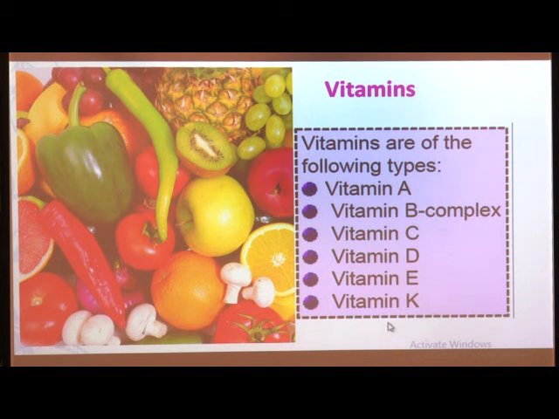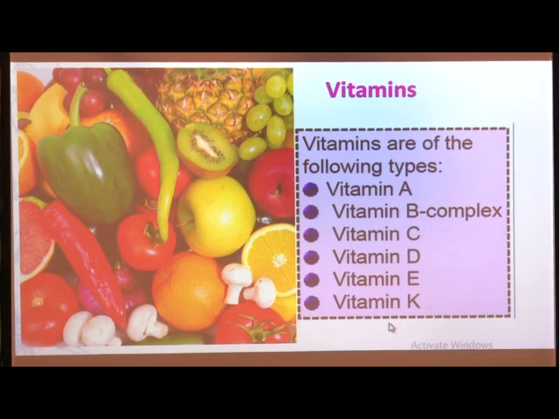Vitamins are substances that occur in our food, which we get from plants and animals. Vitamins are necessary for health and protection of the body from diseases. Vitamins are required in small amounts.